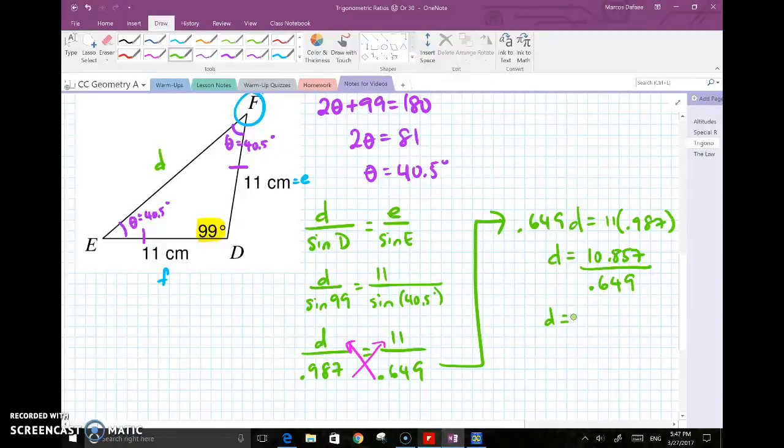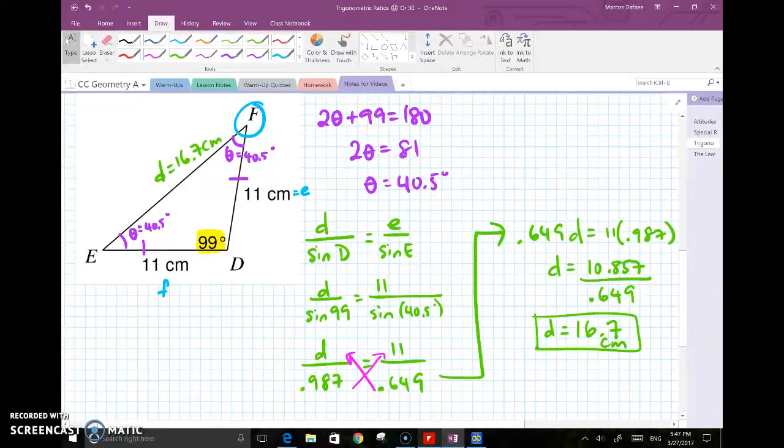So dividing that by 0.649, what I get is 16.7, and that is the length of my longest side, which is side D, and that's my answer. So 16.7, and we have to apply the units since they're given for the other one, so centimeters. And that's how we use the law of sines.